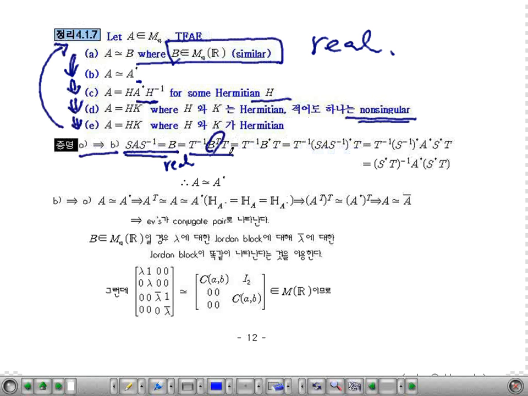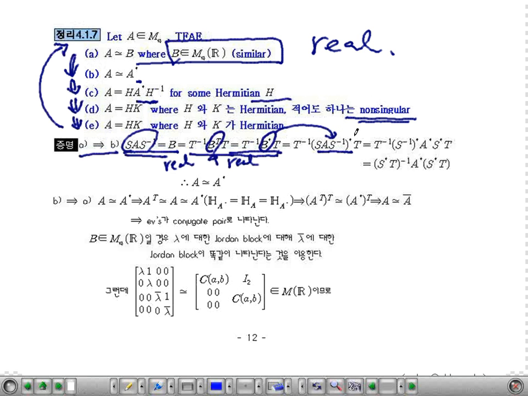Then, since B is a real matrix, B transpose is the same as B conjugate transpose, B star. So we can just write it. Then B star is the same; since B is S A S inverse, we can replace it.